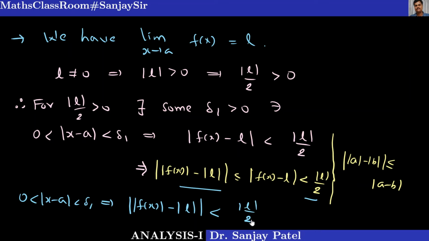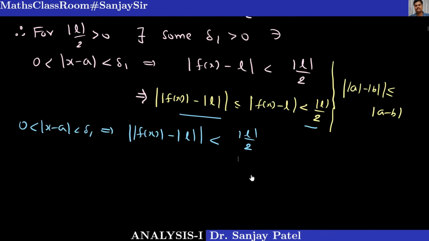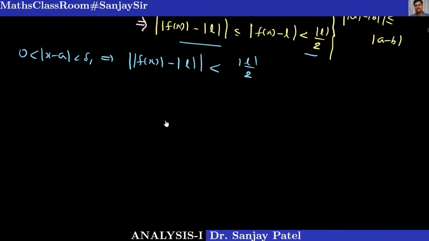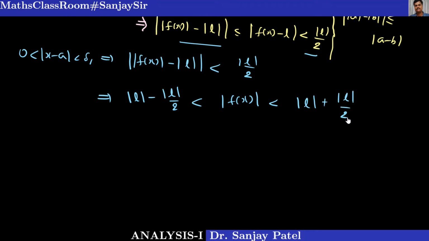Now I want to remove this outer modulus in the LHS of this inequality, and this I can write as mod of L minus mod of L by 2 less than mod of f(x) less than mod of L plus mod of L by 2.